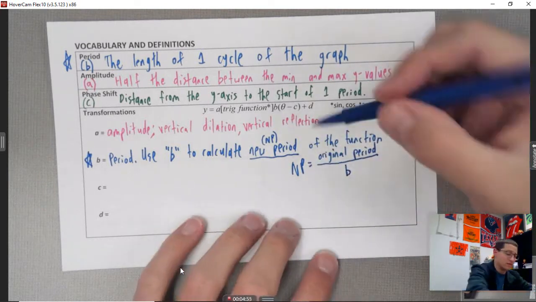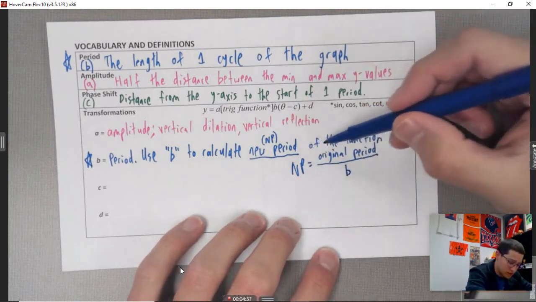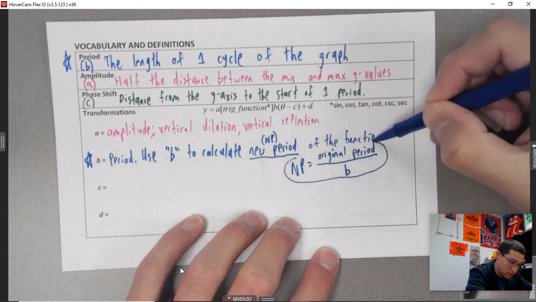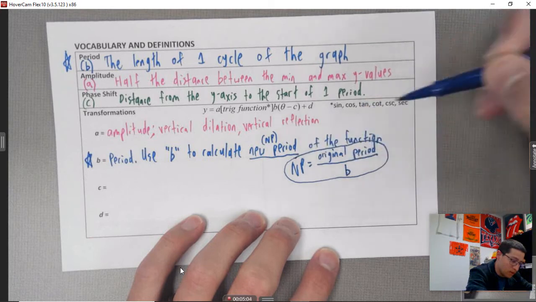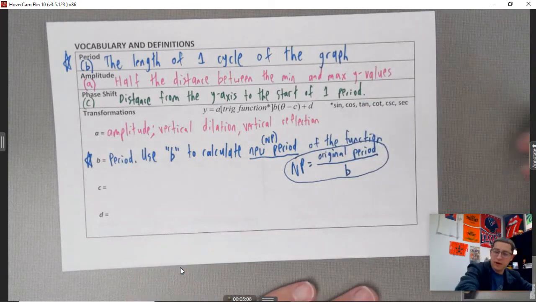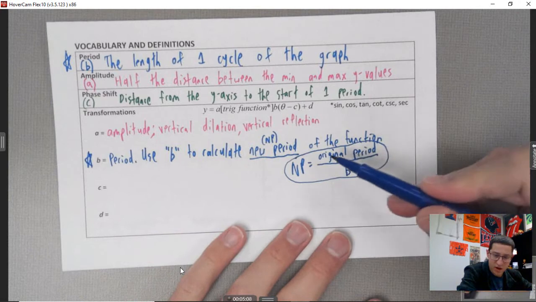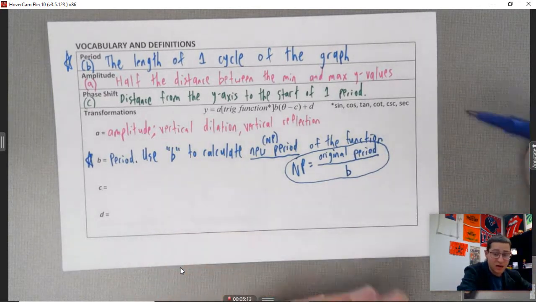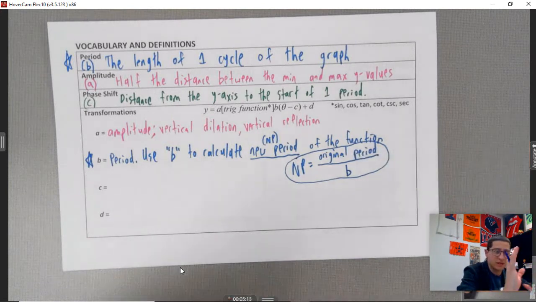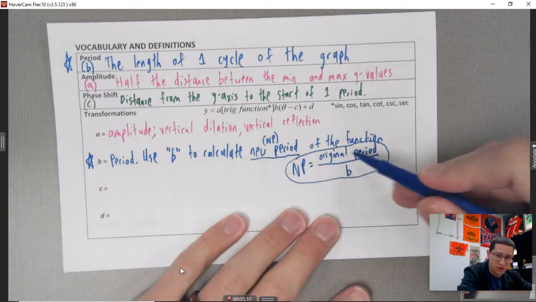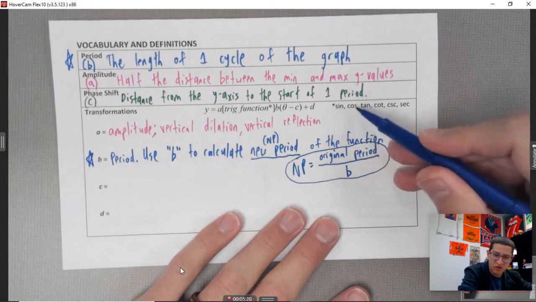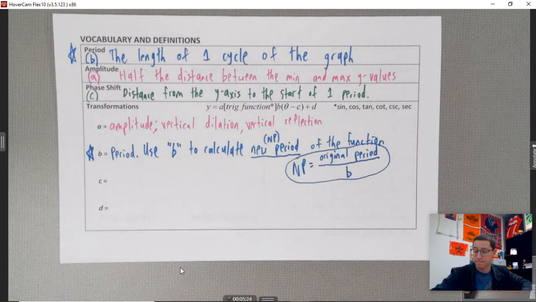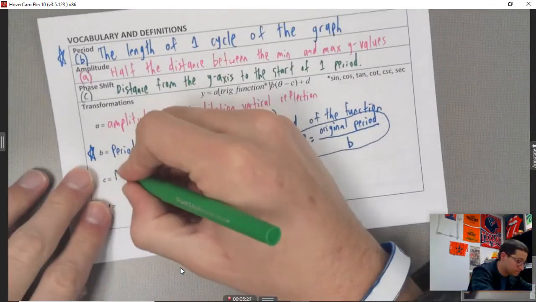Now, let's make a box or a circle so we can separate it. Sometimes your period is going to be a certain value. For example, for sine and cosine, it's going to be 2 pi, and for others, it's going to be different. So just for now, understand that your original period does change for each of these, and we'll go over what your period is for each one. Okay, phase shift, C.